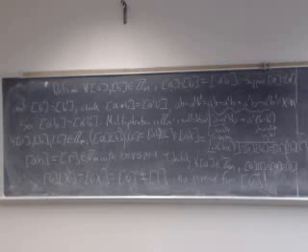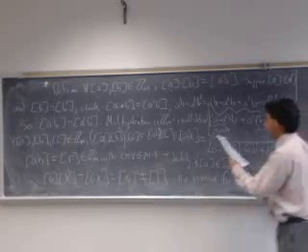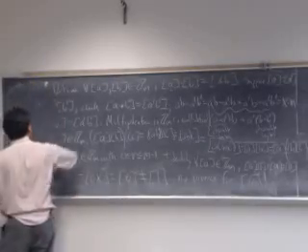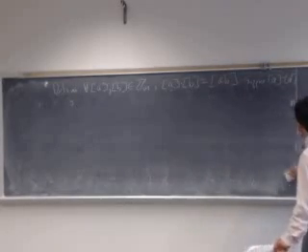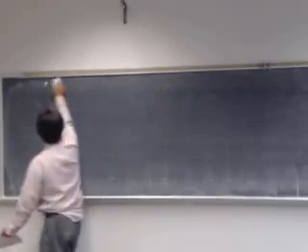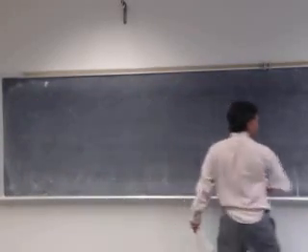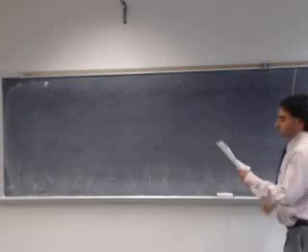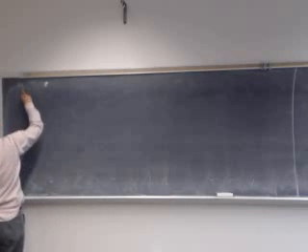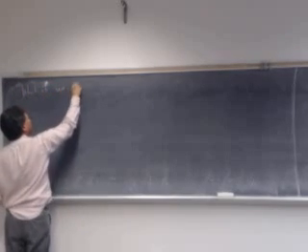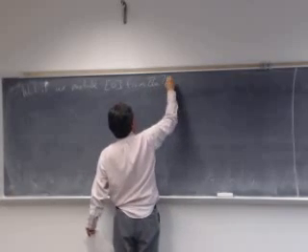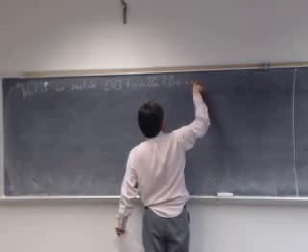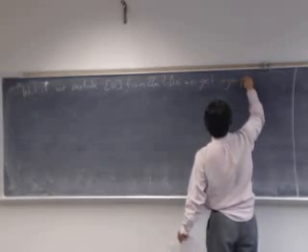So that's a natural question: if I throw out 0 from integers mod n, do I have a group under multiplication?